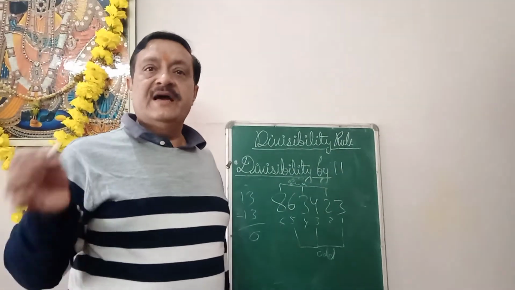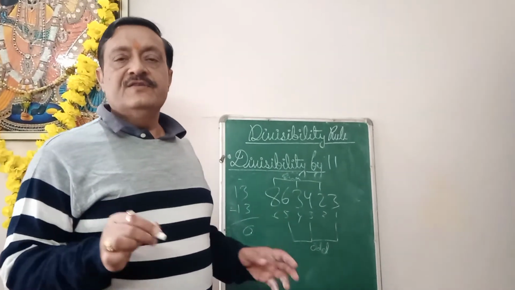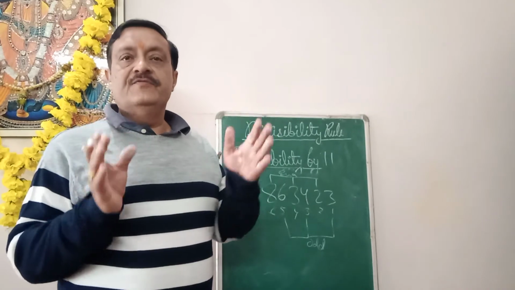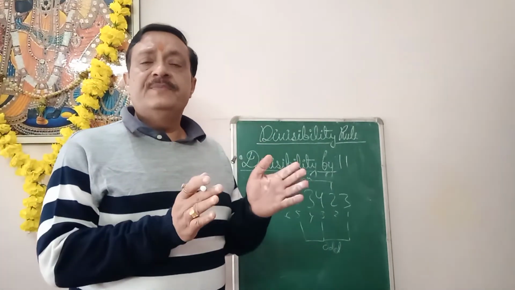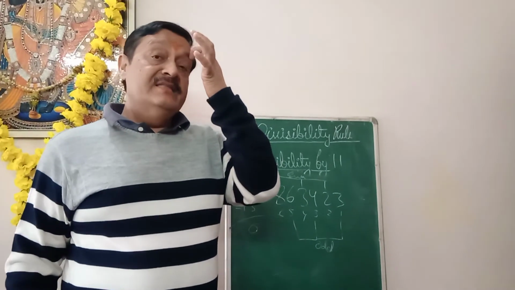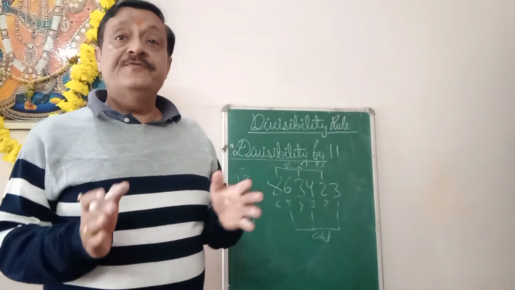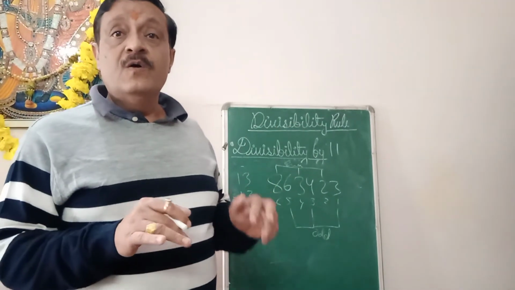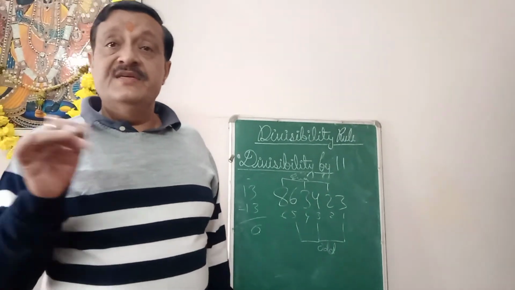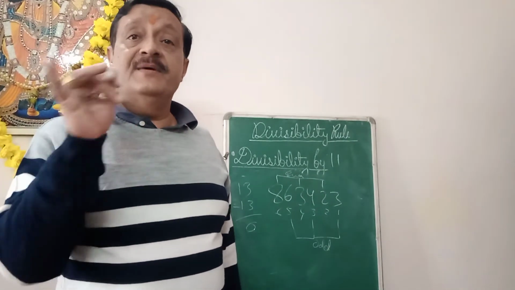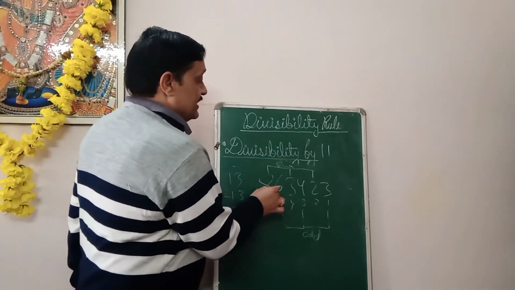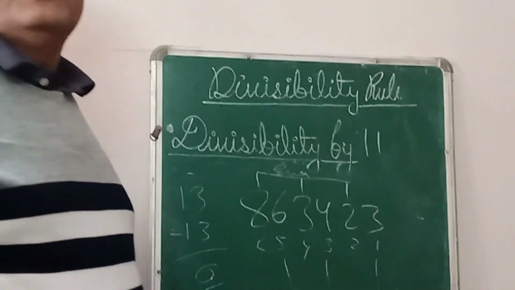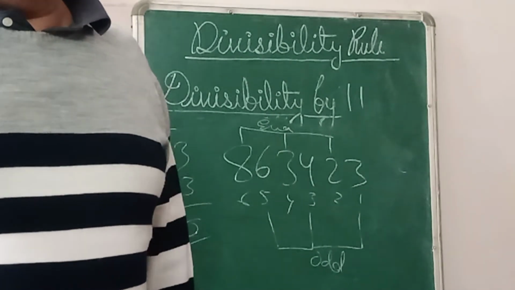We will be taking the sum of the digits at odd places and even places, and then we will be subtracting them. If the difference is 0 or a multiple of 11, then we will say that the number is divisible by 11. Here the difference is 0, so this number 8,63,423 is also divisible by 11.